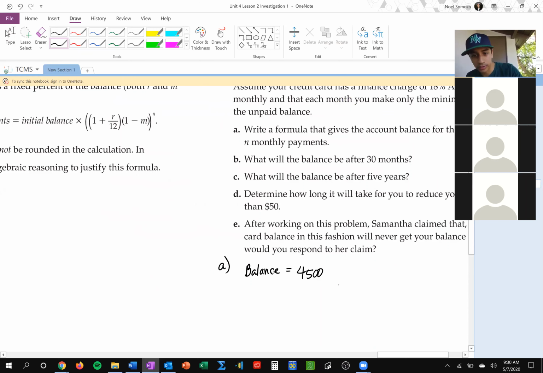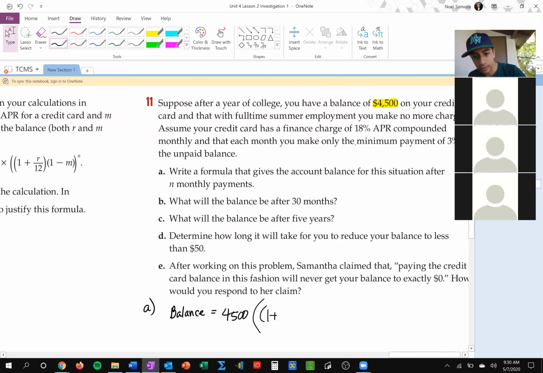One plus my rate, the rate was 18%, so we want to convert that down to a decimal. That's going to be represented by 0.18, divided by 12 because we're doing this as a compounded monthly type of problem.